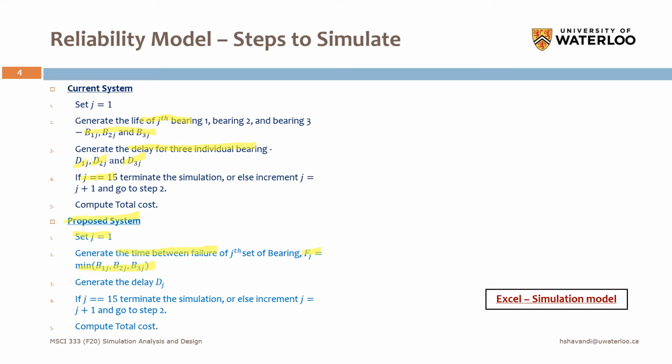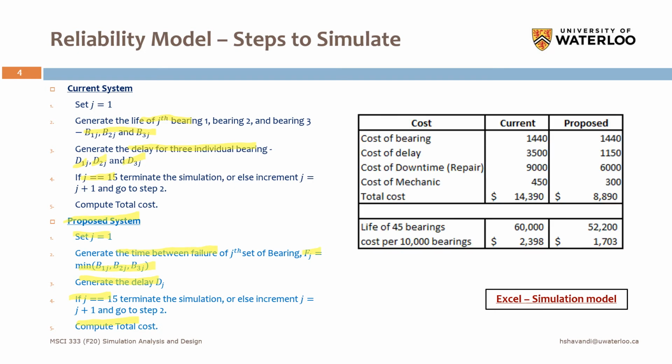So we have the useful life for bearing 1, bearing 2, and bearing 3, and the minimum of these 3 will determine the time for replacing all 3 bearings, right? And then we generate the delay Dj for that replacement, and again we check the stop condition, and that's it. And then we compute the total cost here.